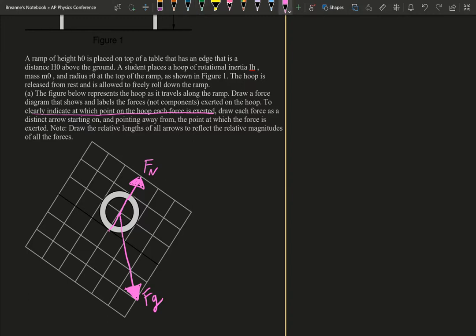And your force of friction comes from the surface, so you would again draw it from here, and it would be, okay, so we're going to say it's 2. Because it's 1, 2, 3. So we'll just say it's 1.